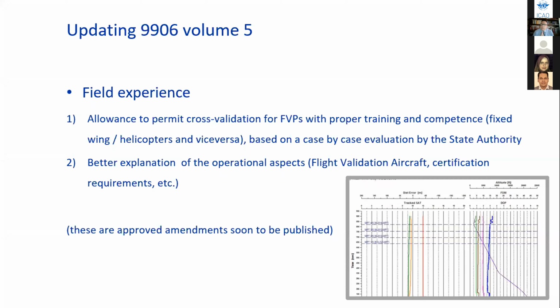But then we started to look into the data, and the data shows that in a career of a commercial pilot that has all the requirements, more than 1,500 hours, IFR, and so on and so forth, probably 95 to 97% of the total flight time has been flying IFR.